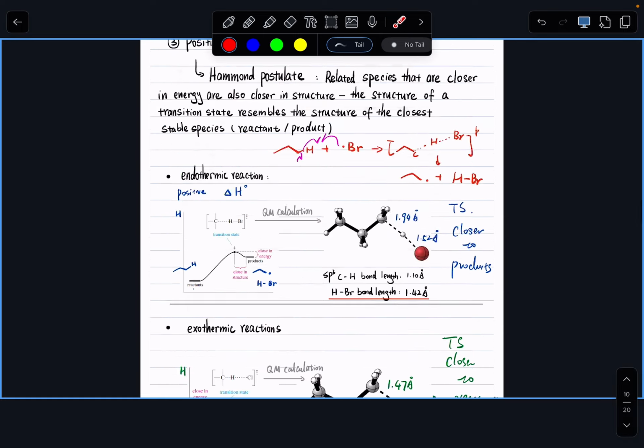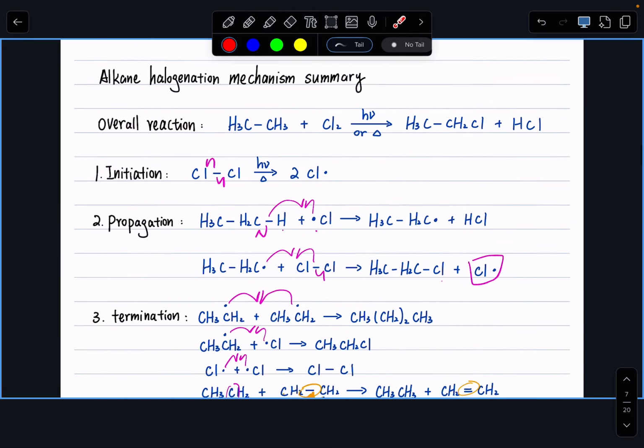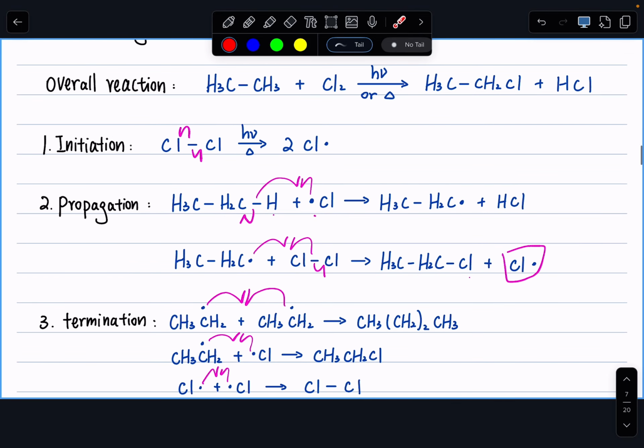If we're looking at the full reaction mechanism, then there must be an initiation step to form the chlorine radical. This initiation step requires heat or light to homolytically cleave the chlorine-chlorine bond.